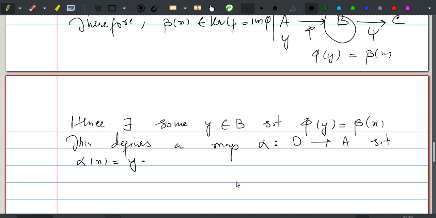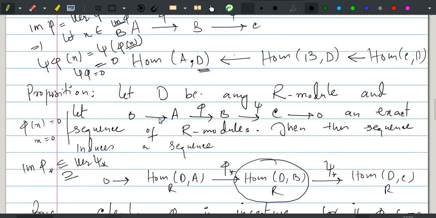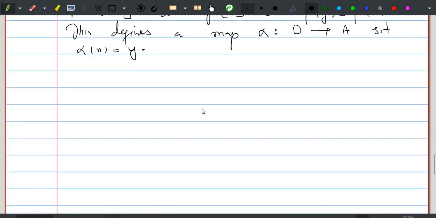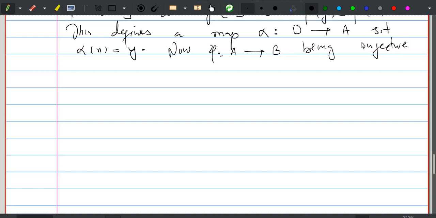One should note here that phi is injective because 0 is going inside, so phi from A to B is injective. So one can note that phi of A is isomorphic to A.